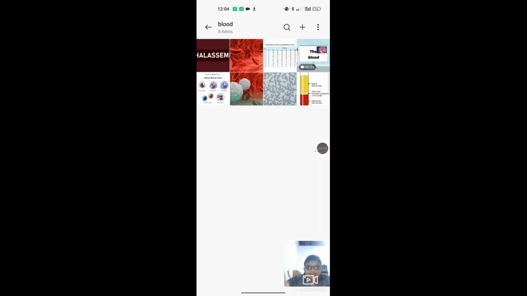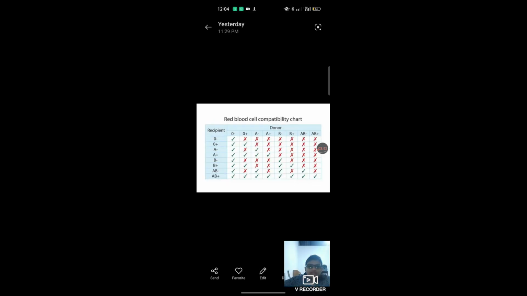So if we talk about blood transfusion, you know that there are blood groups in every human. Do you know, friends, how these blood groups have been formed?